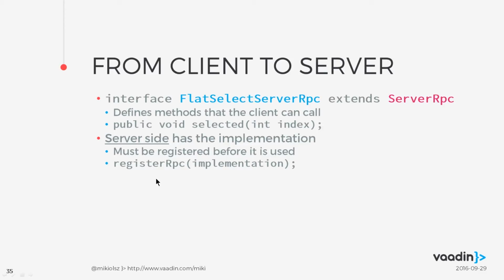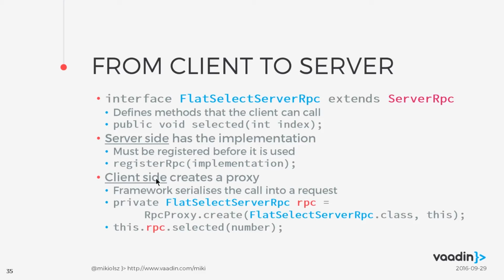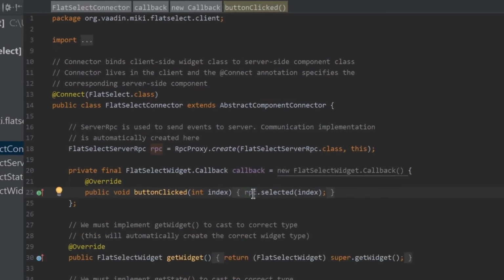The server side has the implementation of this method. So we need to register the RPC on the server side as well, so that we are able to track this call or to execute code in response to the client calling this method. And the client side creates a proxy. So the framework actually takes care that the proxy will serialize that call to a request. And this is how it's done. This is the magic line.